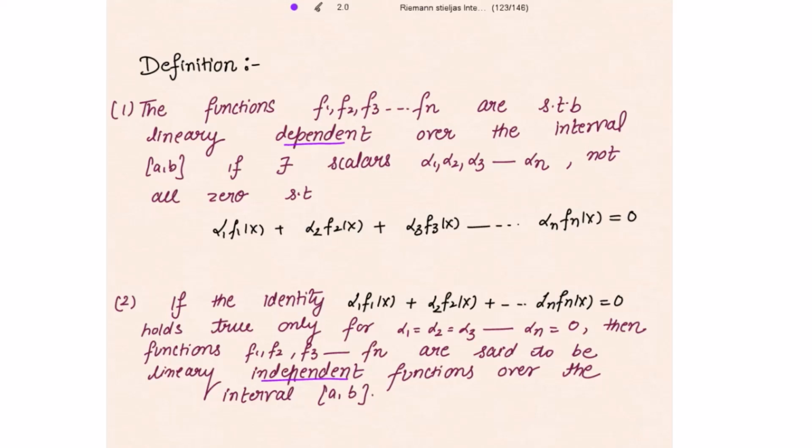So remember, for functions to be linearly dependent with this identity, the scalars need not be all 0. And for the functions to be linearly independent, all the scalars should be 0 for this identity, right?